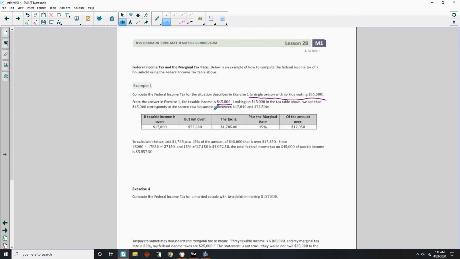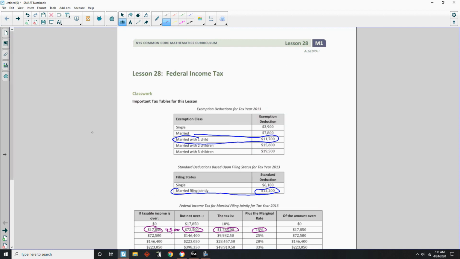They've done that for us in this exercise. So they added 1,785 plus 15% of the amount of 45,000 that is over the $17,850, since 45,000 minus 17,850 equals 27,150.